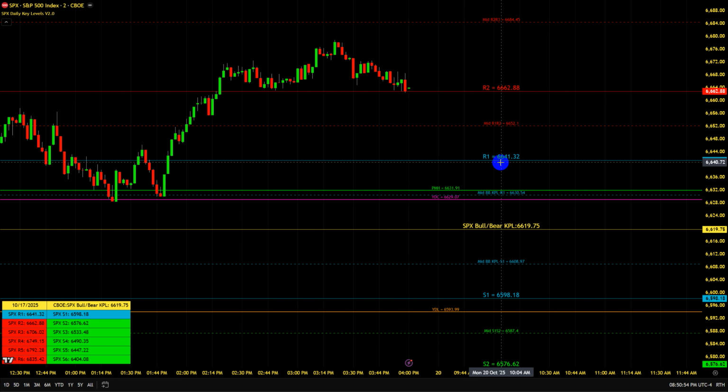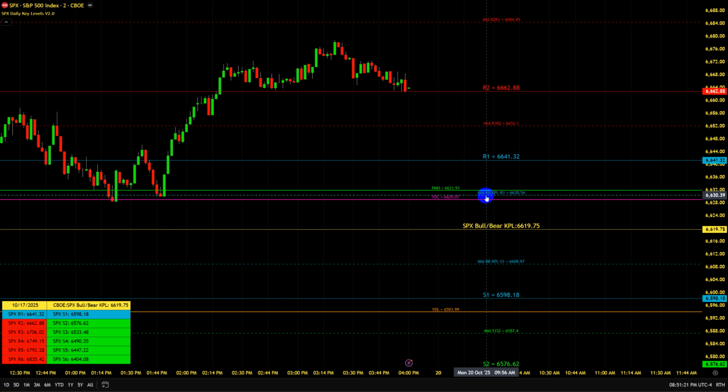If you were instead taking a bearish play off of R1, then you do the same process you did here. The standard play would be the at the money put, 6641.32. So your standard play on a bearish play taken from R1 would be to get the 6640 put.